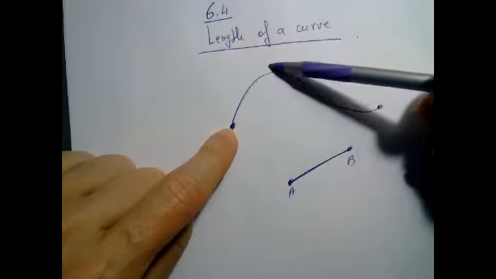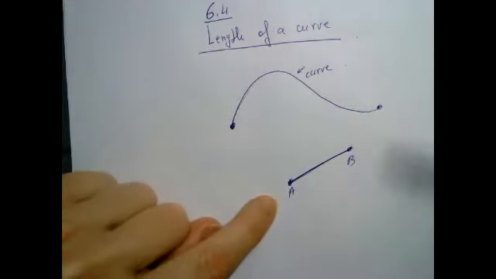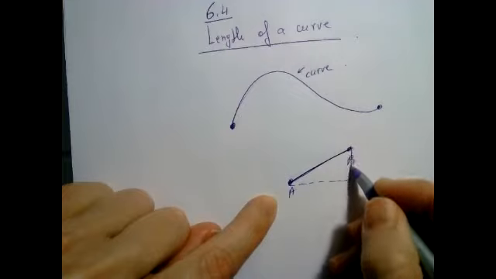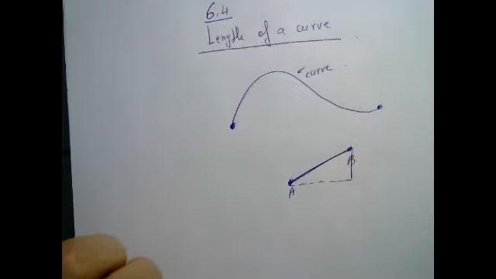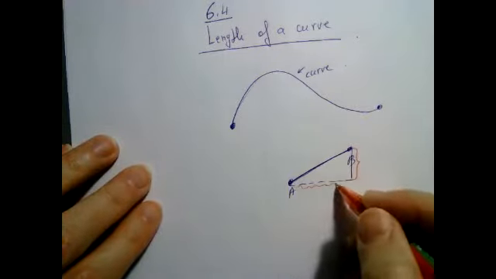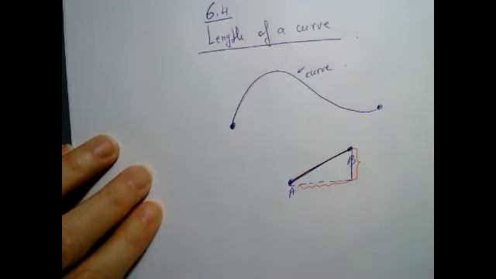If you have something that's curving, the question is how to find the length. For a line segment you can use the Pythagorean theorem. You measure from here to here, from here to here, and you use Pythagorean to find the length of the line segment.